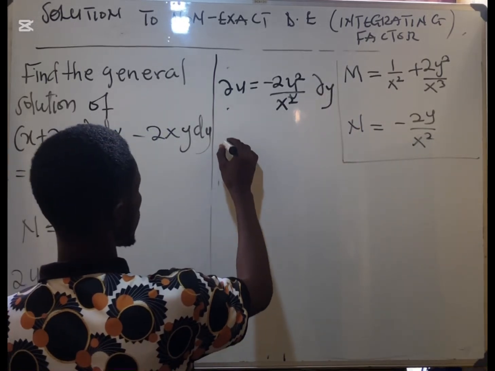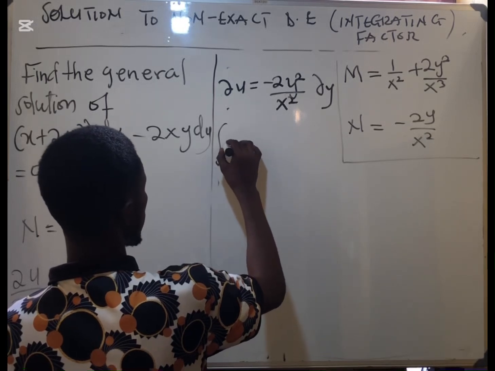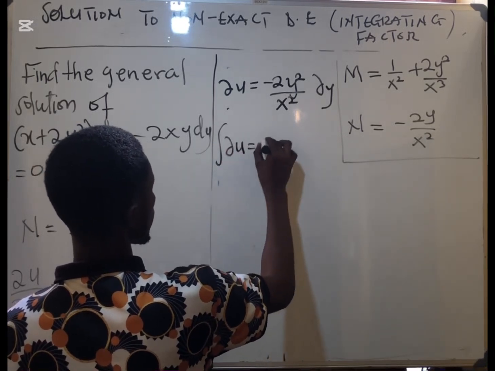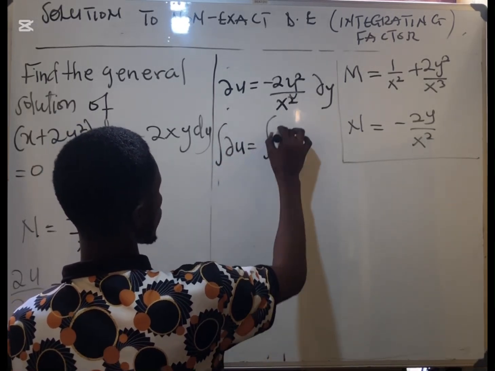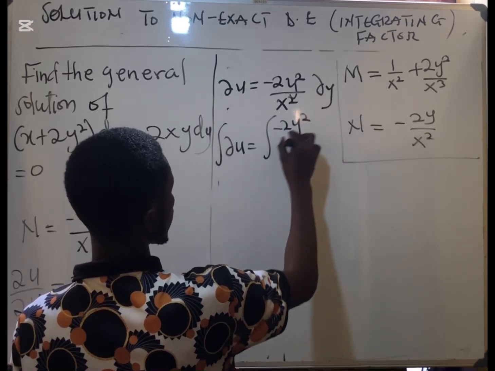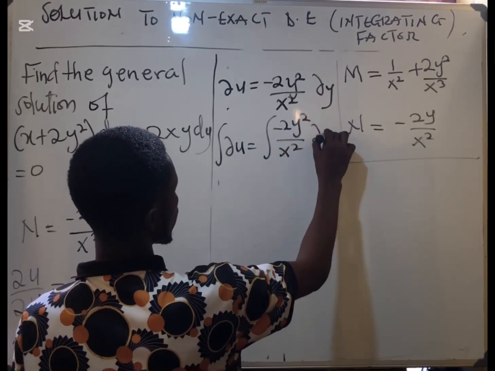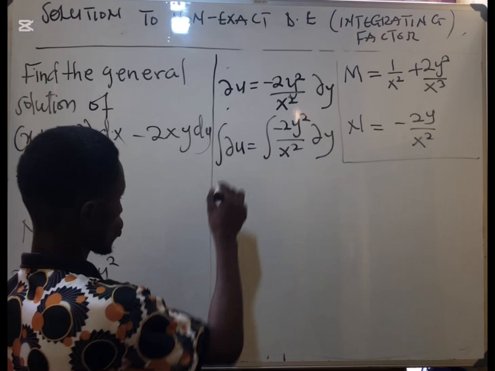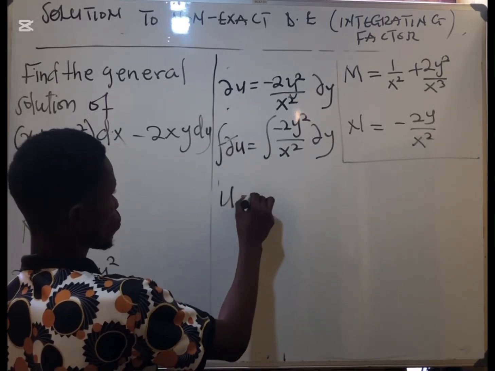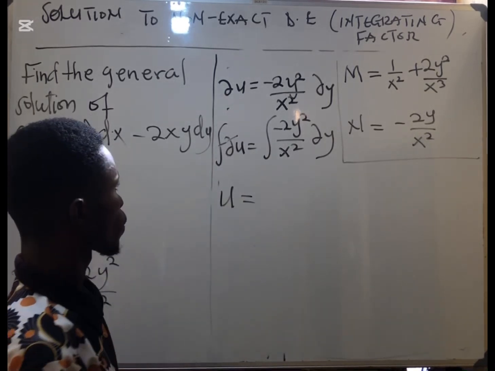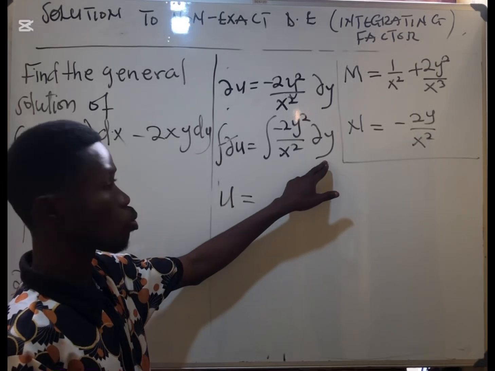So I'm going to integrate it. So the integral of ∂u equals the integral of negative 2y squared over x squared ∂y. So my u is now equal to, I'm integrating this one with respect to y.